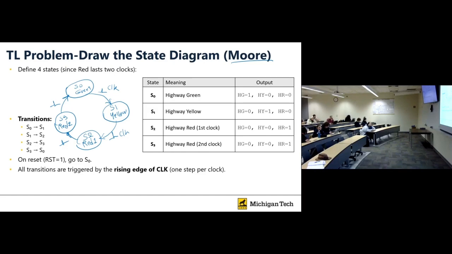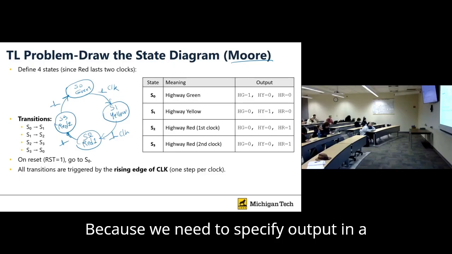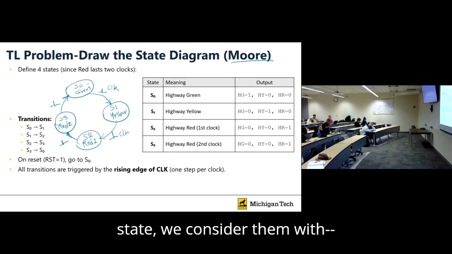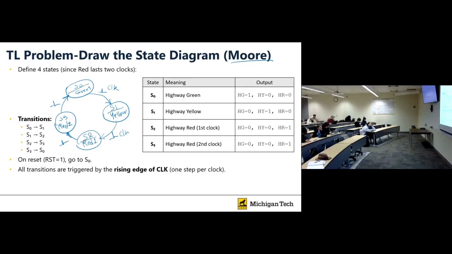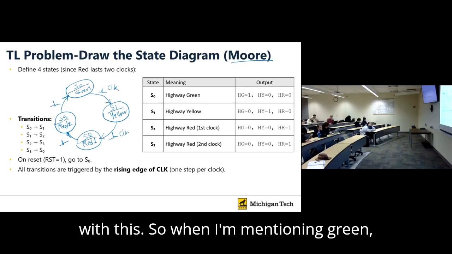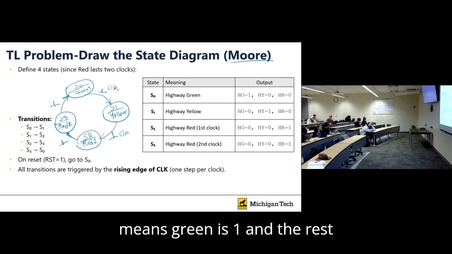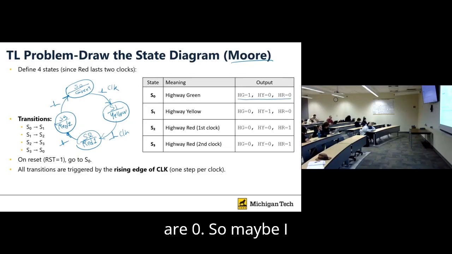What is the output? Because we need to specify output in a state, we consider them with this. So when I'm mentioning green, it means green is 1, and the rest are 0. So maybe I write that with another color. 1, 0, 0 is the output. 0, 1, 0, 0, 0, 1, and 0, 0, 1.